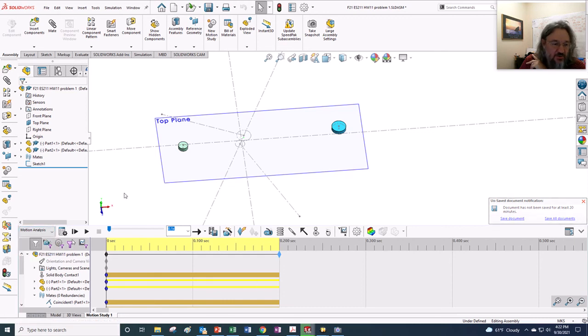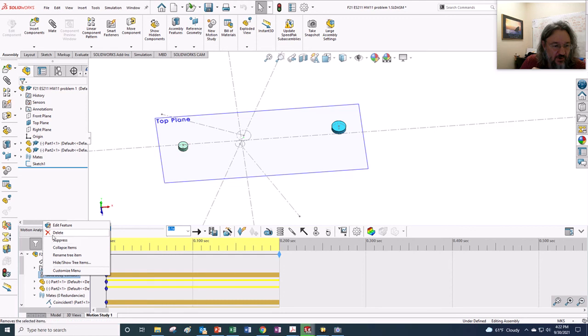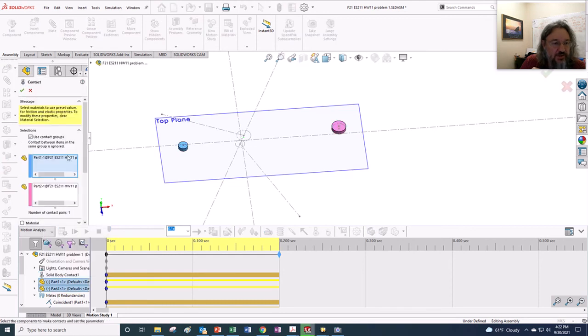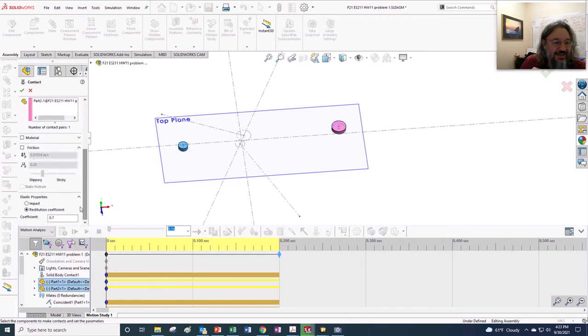So this is actually motion analysis. So this will actually do the kinematics and the kinetics, right? So this is dynamics software. And this guy right here establishes the two groups, and I gave it a coefficient of restitution of 0.7, just like the problem, right?